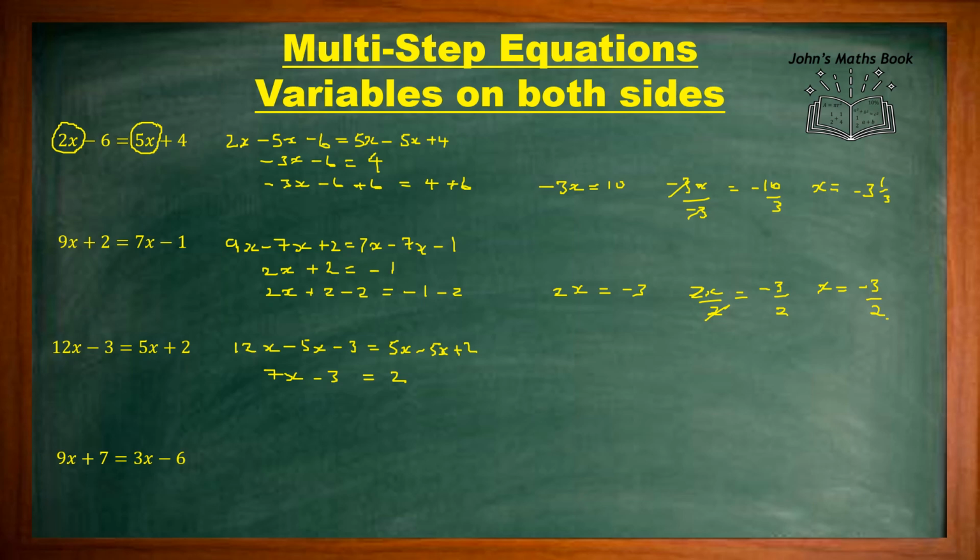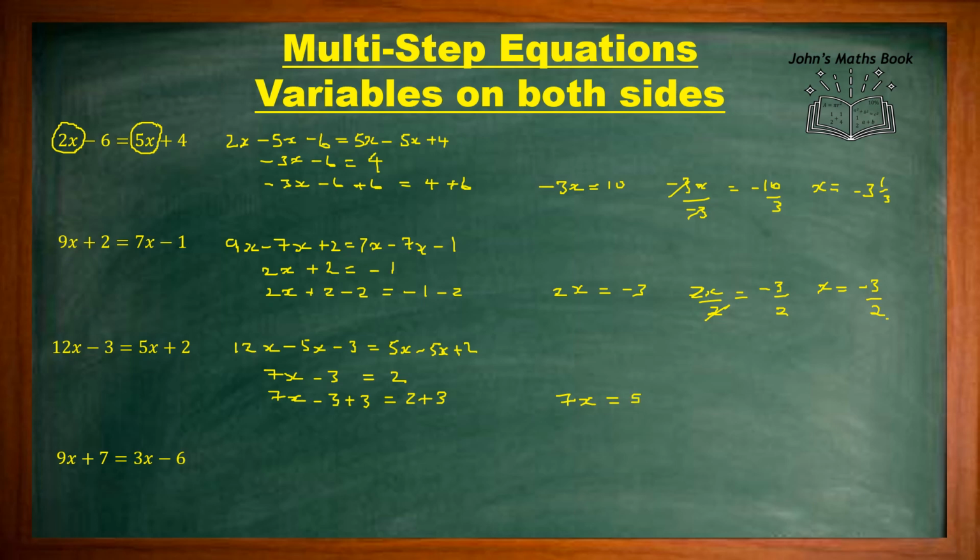Let's isolate the 7x now on the left hand side of the equation. To do that, we need to add 3 to both sides of the equation. So 7x minus 3 plus 3 is equal to 2 plus 3. So minus 3 plus 3 is 0, and 7x is equal to 2 plus 3 is 5.